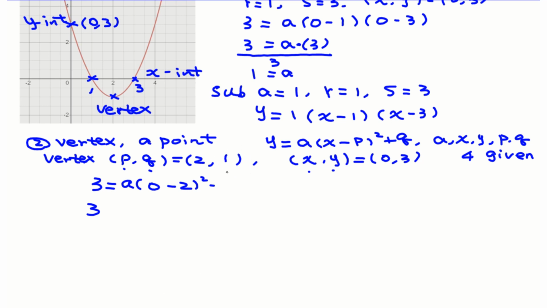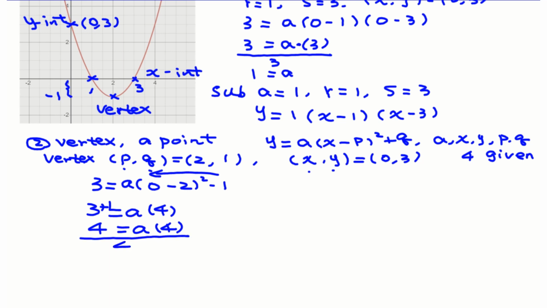The vertex is (2, negative 1). The graph goes by 0.5 per grid, so here is negative 1. Then we have a times negative 2 squared, which gives 4. We move the negative 1 to the other side as plus 1, so it's 3 plus 1. So we have 4 equals a times 4. Move the 4 to the other side, and the opposite operation of multiplication is division. So we have a equals 1.